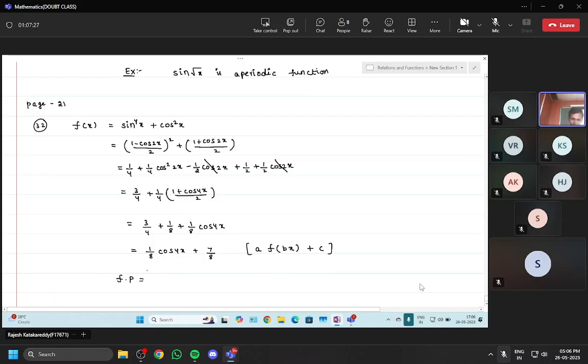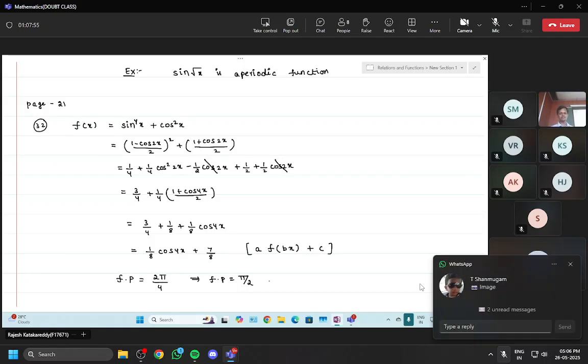The fundamental period of cos x you take, that is 2 pi. Since 4 is in multiplication, I should divide here, right? This implies the fundamental period of f is pi by 2. We can prove this. Clear? Any doubt in this? Anybody? When the functions are interconvertible, care needs to be taken. Online students, any doubts in this?